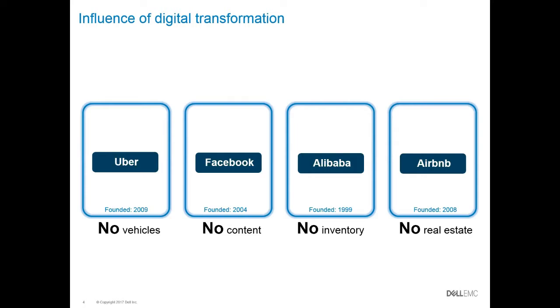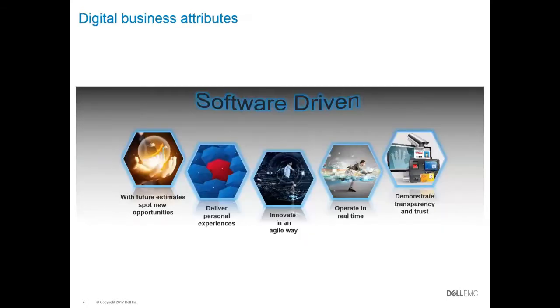All they have to do is do their business in a digital way, without having to invest heavily in infrastructure. If you look at these companies, you will really appreciate the kind of benefits we can achieve with the digital transformation phenomenon which is happening.